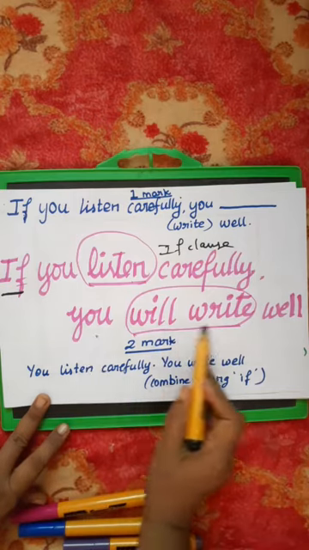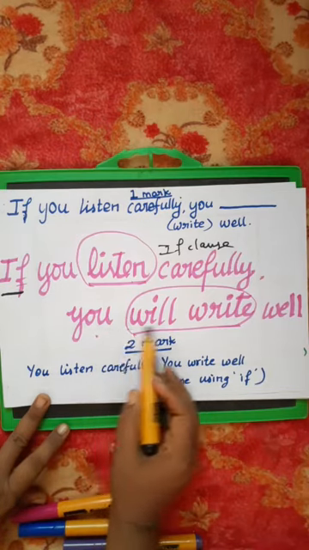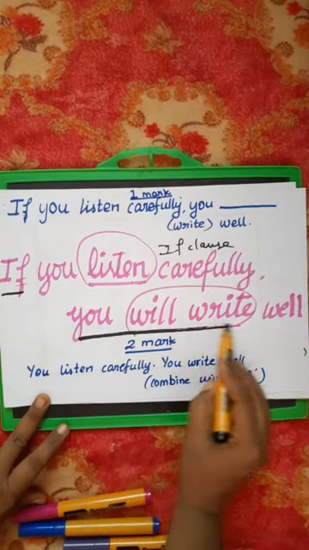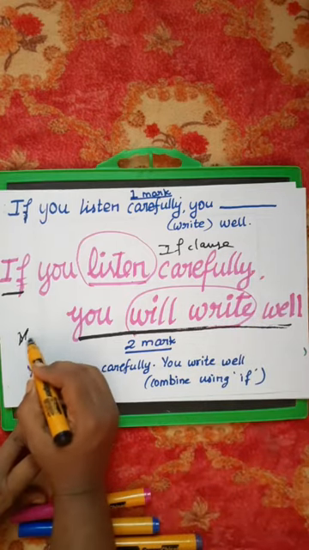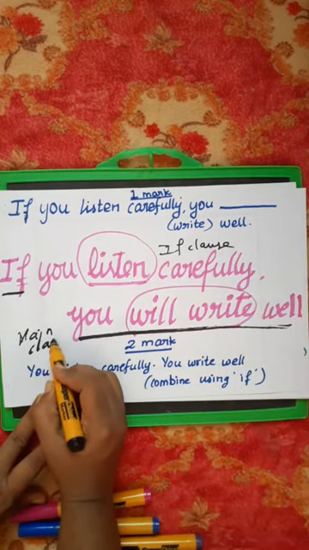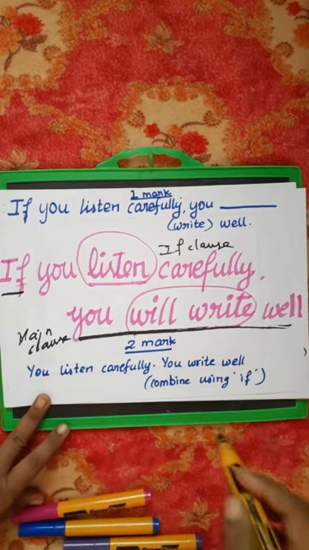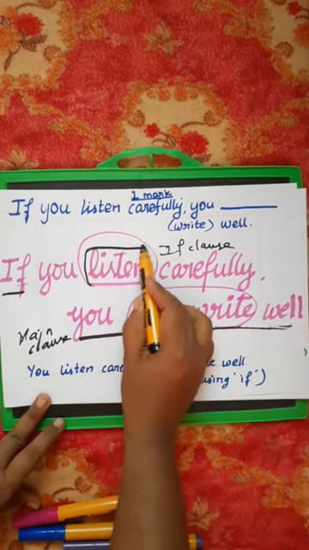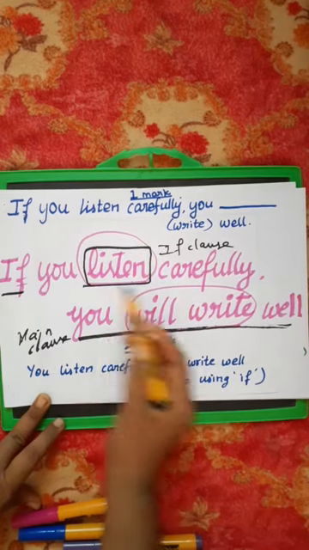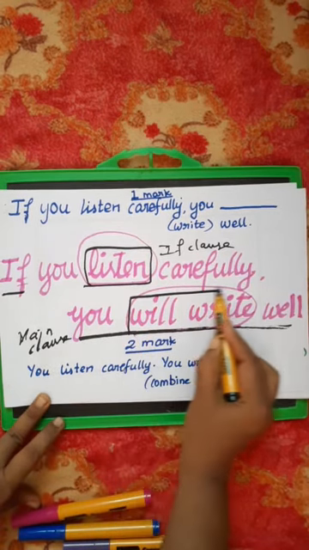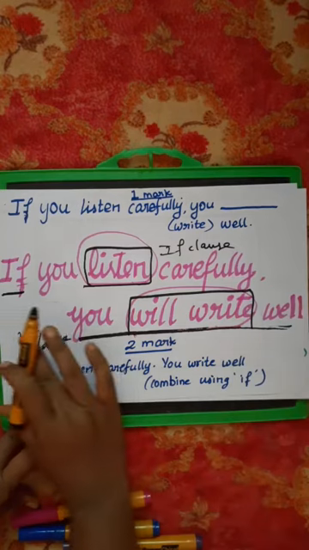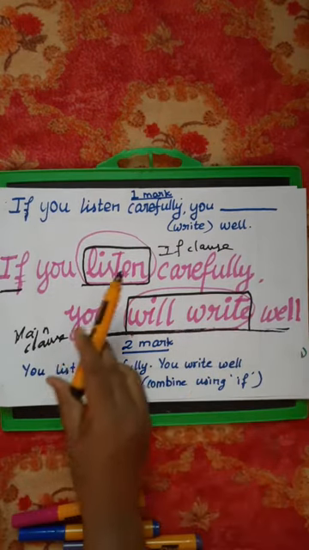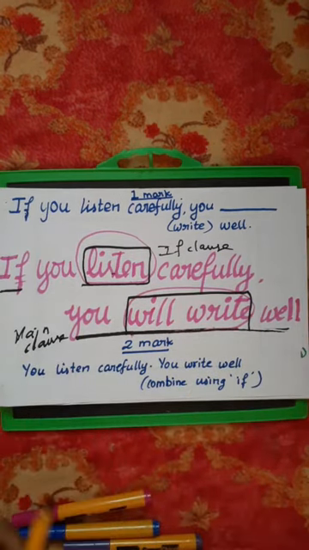The second part of the sentence, the subject and verb, is called the main clause. The main change occurs in the verb part, according to the type of the sentence. So this is the structure of the if conditional clause: an if clause and a main clause.